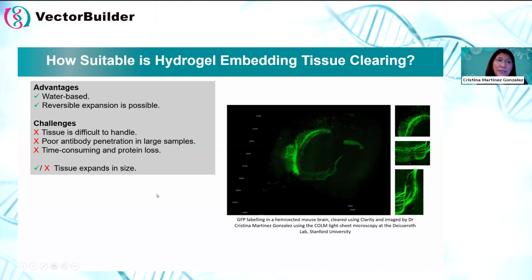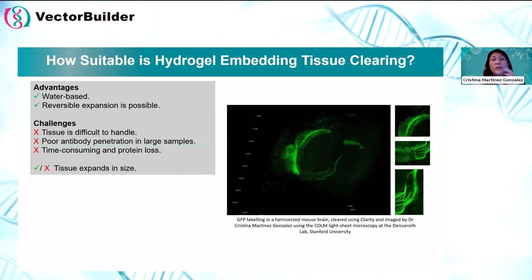It has historically been known to be very bad for antibody penetration and antibody labeling, particularly in large samples. So if your sample is transgenic and fluoresces on its own, it is great. If not, it's definitely not suitable. Again, it's very time consuming. You can lose a lot of protein with this approach, and the tissue won't shrink.